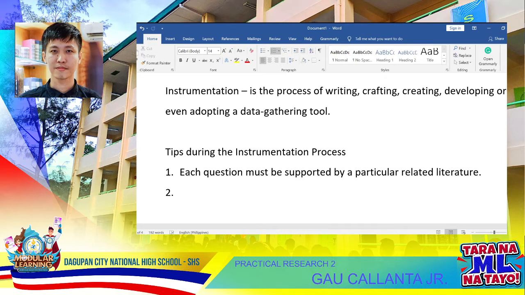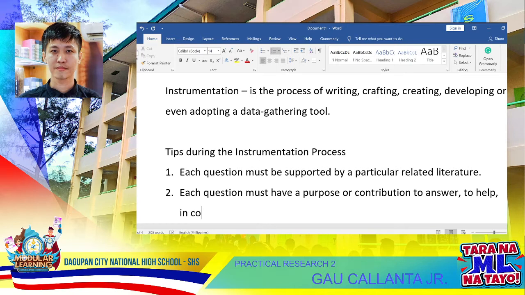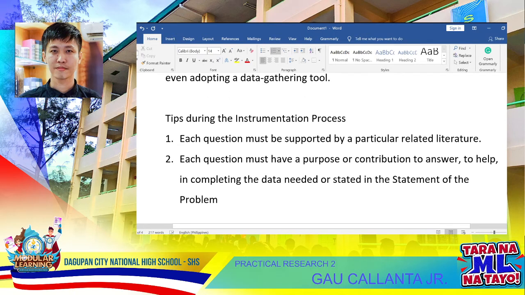Each question must have a purpose or contribution to help in completing the data needed or stated in the statement of the problem. Okay, let me read that to you again.